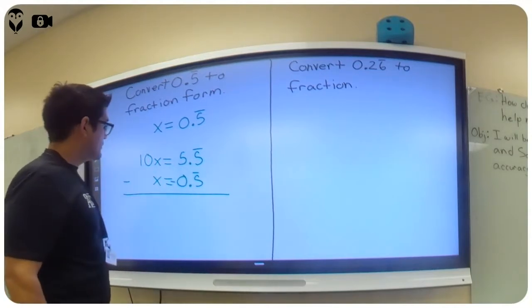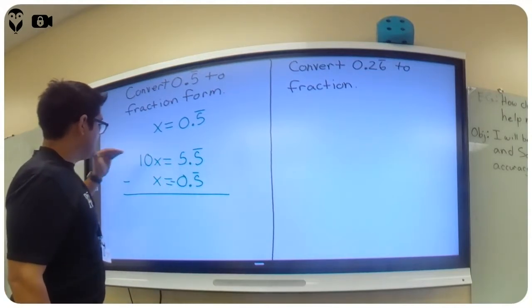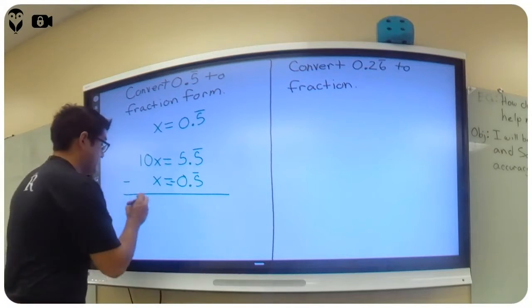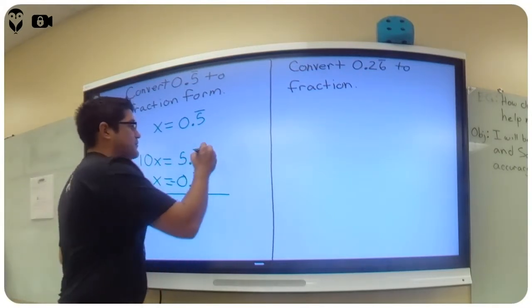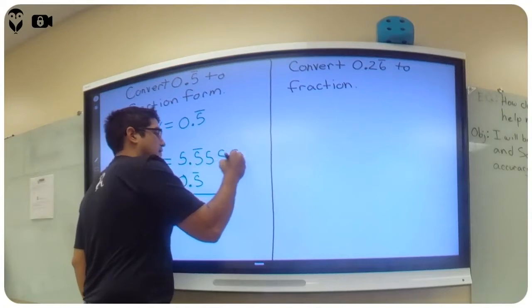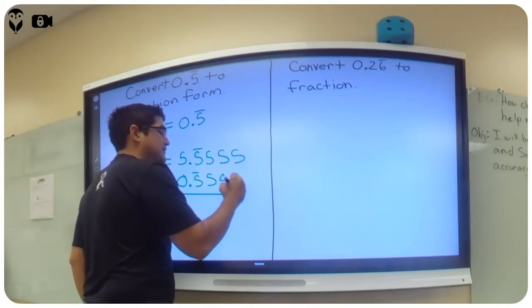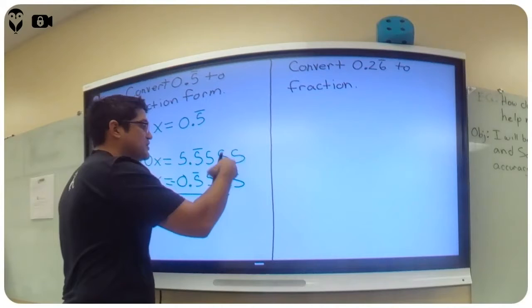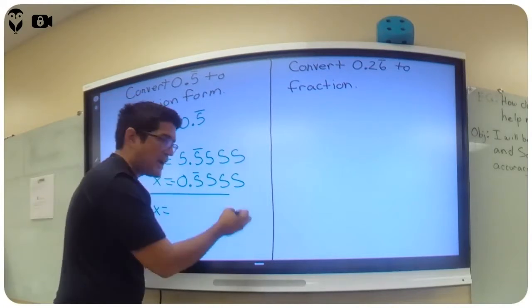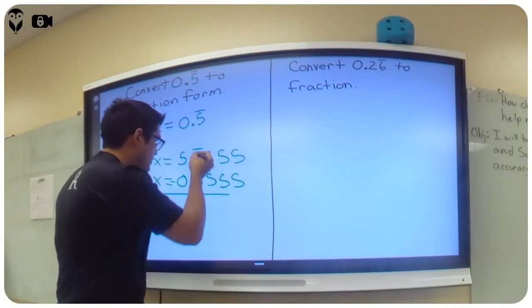What's 10 x's minus 1x? You're left with 9 x's. Now remember, these are the 5s forever. And underneath each 5 is another 5 forever. So they're just going to keep on 0, 0, 0, 0, 0. I'm going to subtract and go 0, 0, 0, 0.